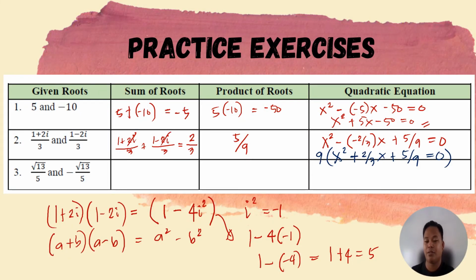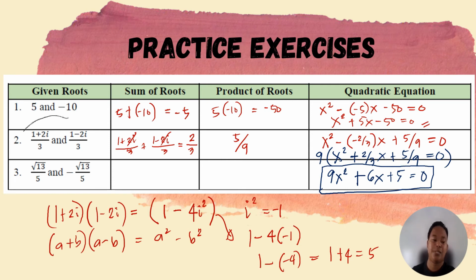So, 9. We will have 9x squared plus 9 times 2 is 18 divided by 3 is 6x. 9 times 5 is 45 divided by 9 is 5 is equal to 0. Therefore, this is now our quadratic equation given these roots.